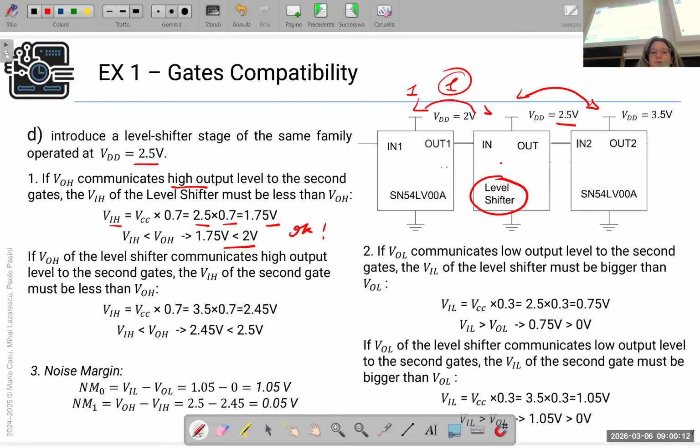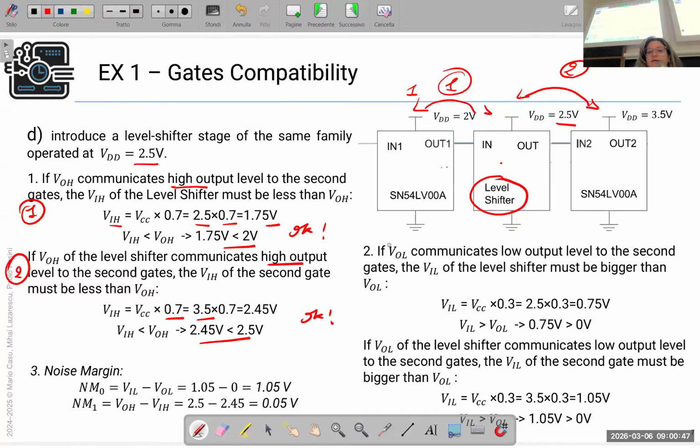So it is respected. Even for the second gate, so now we are here, this is 1, this is 2, we are always at the high level. The voltage of the input at the high level is given by 0.7 up to 3.5. This is equal to the last case, and it's minor, so it's fine.